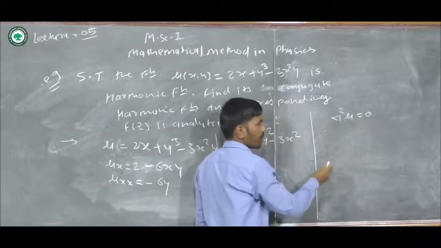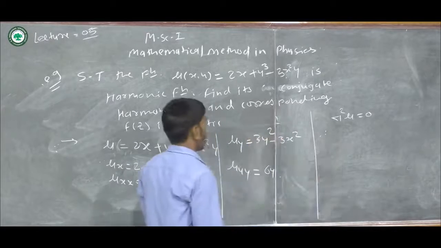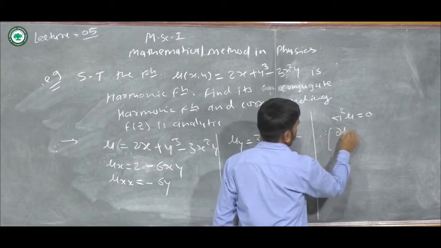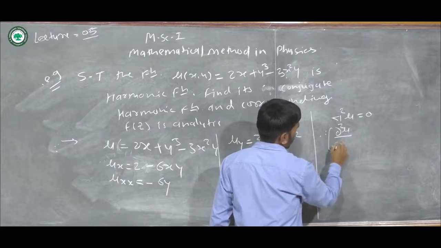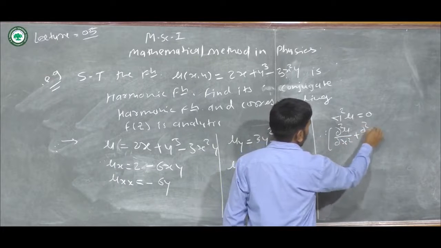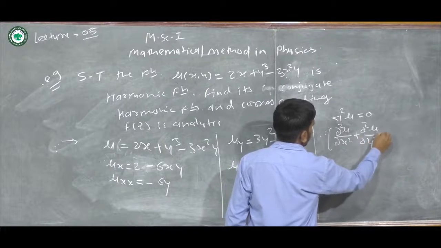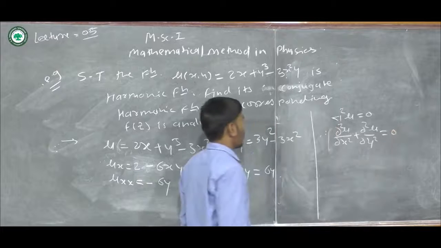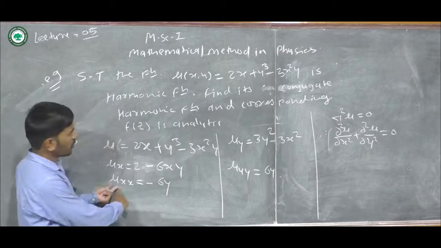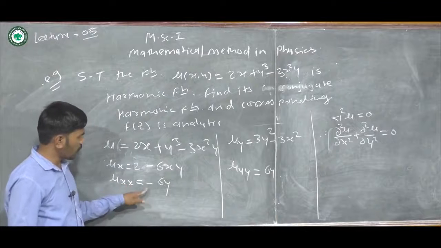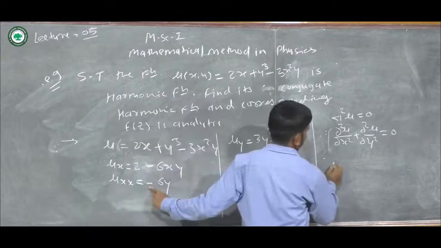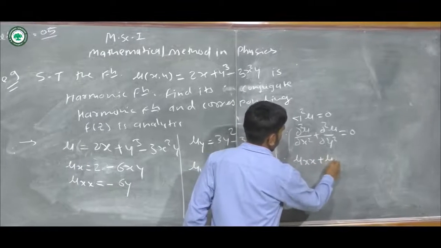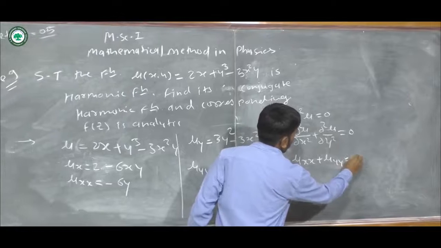The expression is dou square u by dou x square plus dou square u by dou y square is equal to 0. So the double derivative u x x is equal to minus 6y, and I am writing u x x plus u y y is equal to 0.